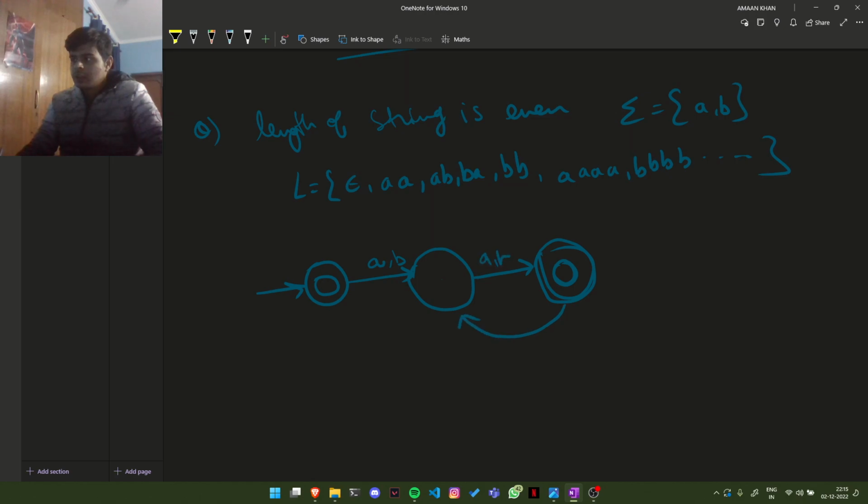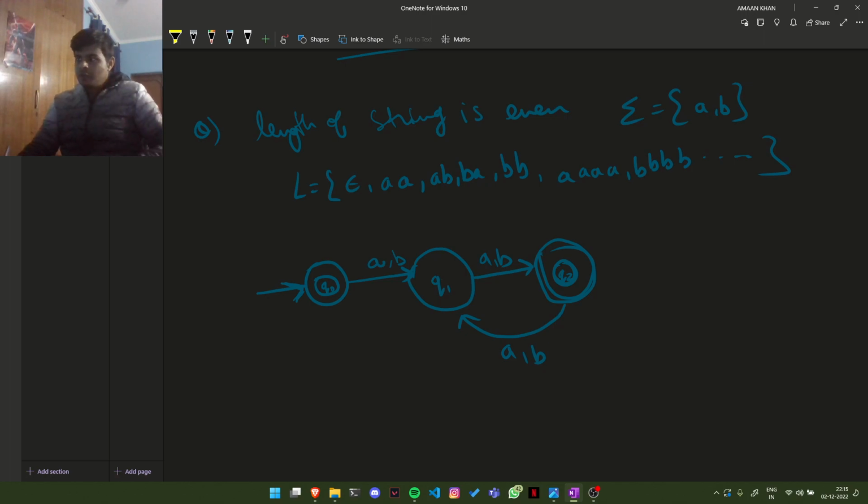So something like this: q0, q1, and q2. This will accept all these strings with even length. Epsilon is being accepted because the initial state is the final state as well.